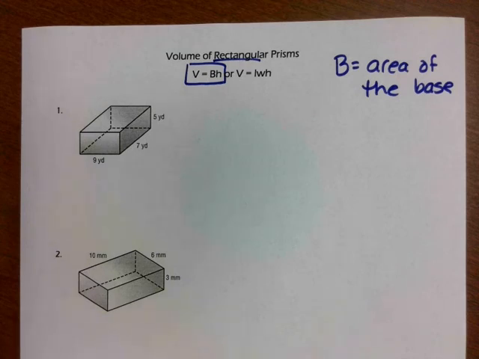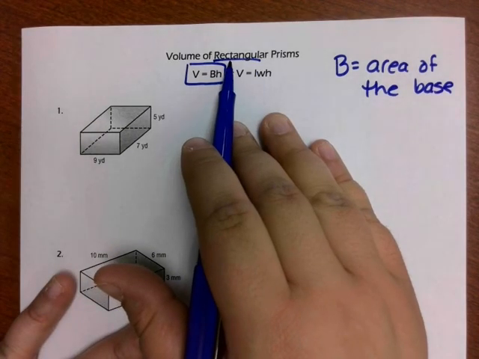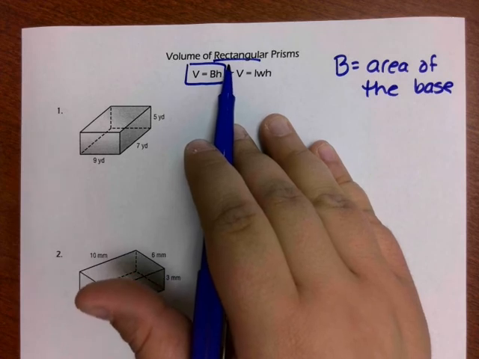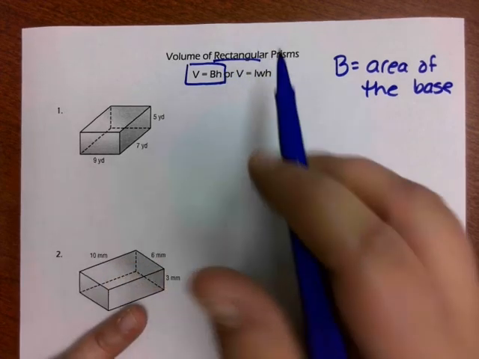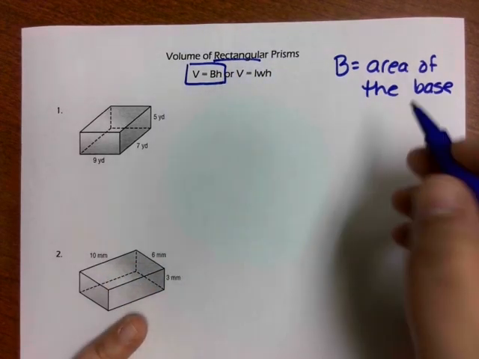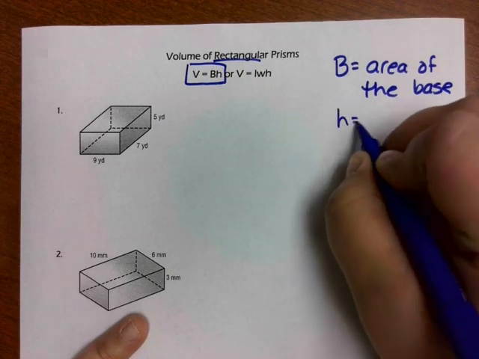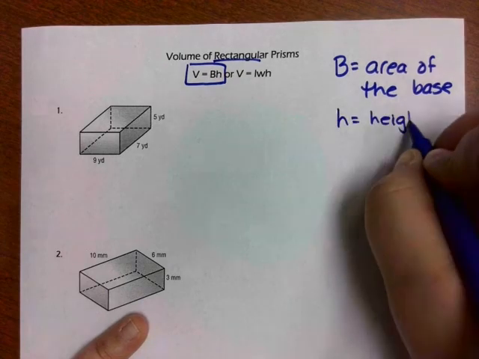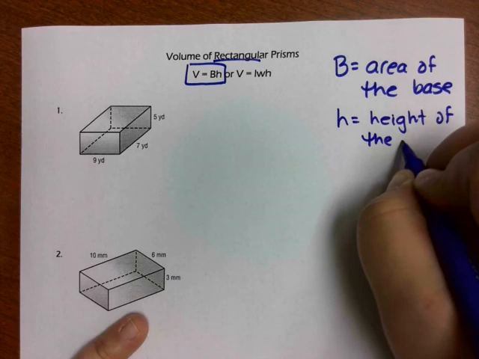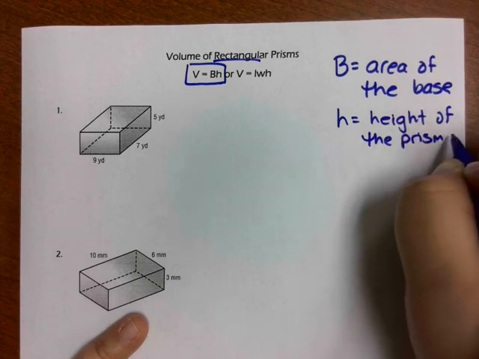So this is getting you used to using that capital B, which could be a couple different formulas. But luckily in 6th grade, like I said, the capital B is the area of the base, which is always going to be a rectangle. So we're finding the area of a rectangle for capital B, and then we're multiplying it by H, the height of the prism.